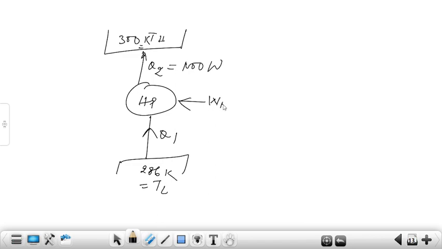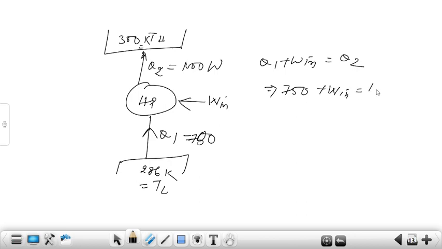Given W in we have to find, and Q1 is 750. So from energy balance, Q1 plus W in is equal to Q2. So Q1 is 750 and Q2 is 1000. So W in will be 1000 minus 750, equal to 250.